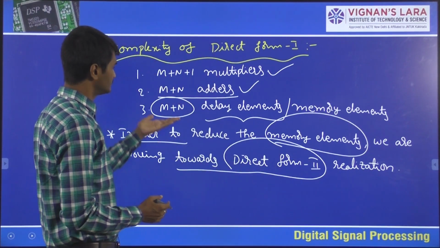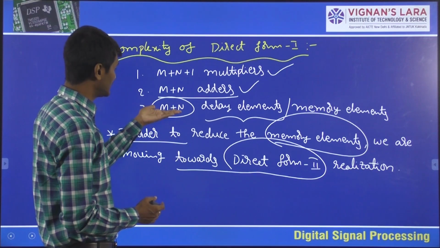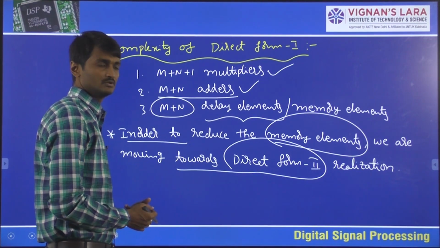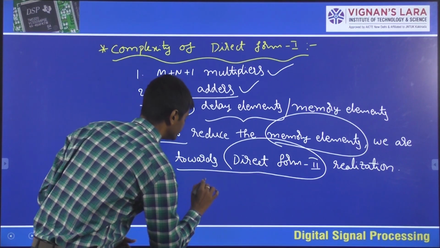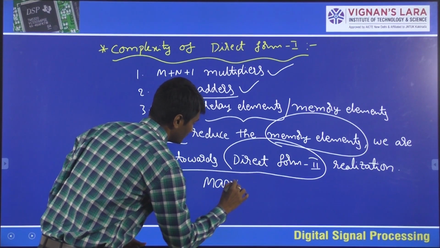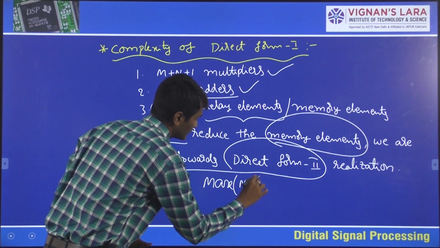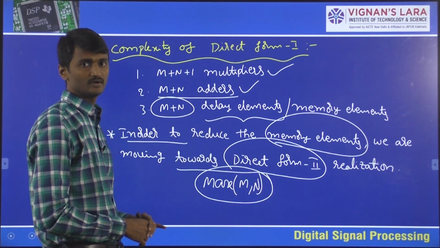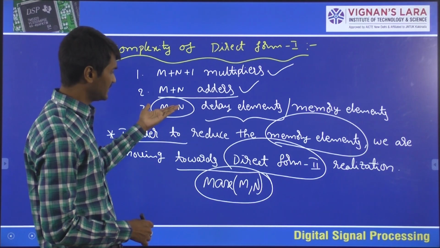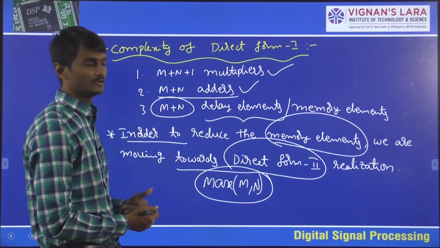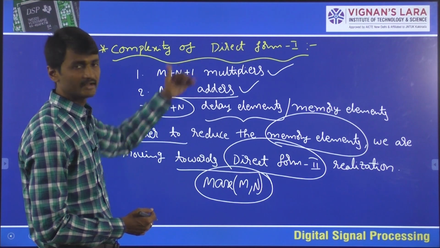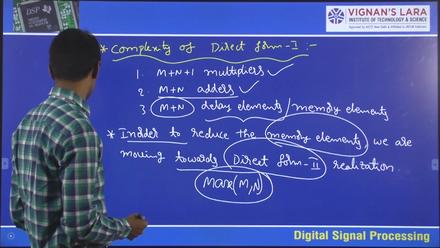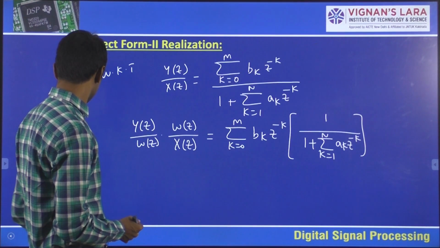There may be fewer than m plus n delay elements in direct form 2. Actually we are using a maximum of m comma n delay elements in direct form 2 realization. So roughly half of the delay elements are reduced compared to direct form 1. Let us discuss the direct form 2 realization.